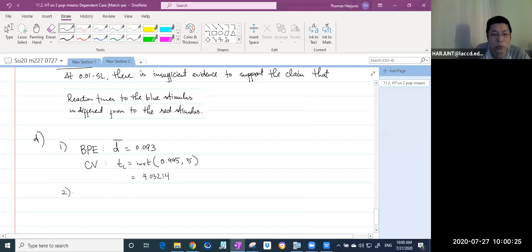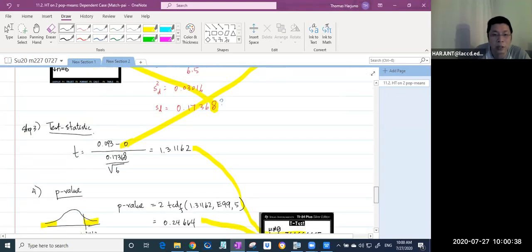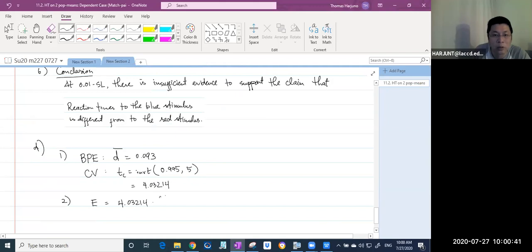Step 2, margin of error: 4.03214 times the sample standard deviation of the differences, 0.17368, over the square root of 6.